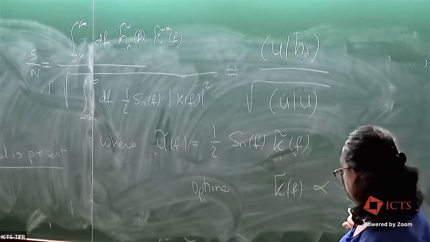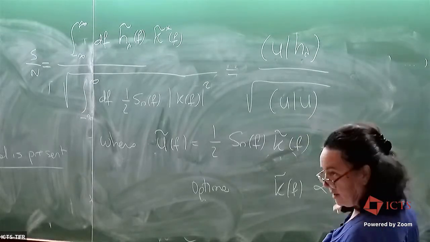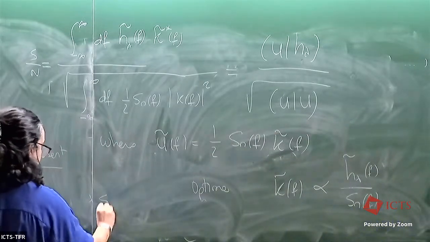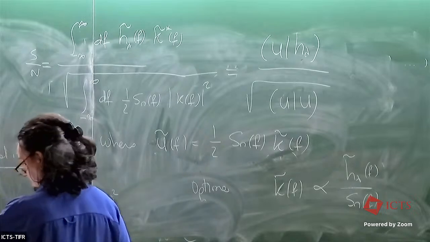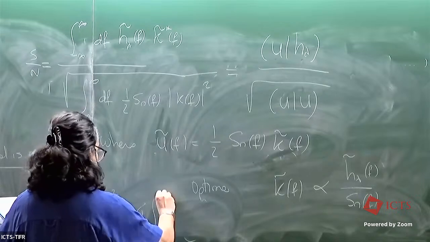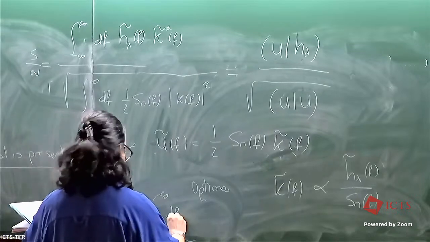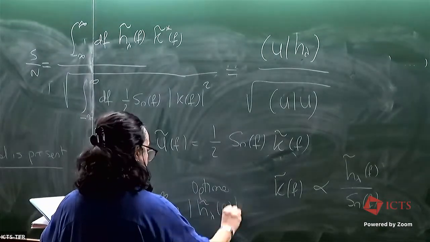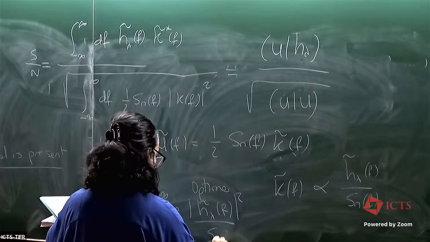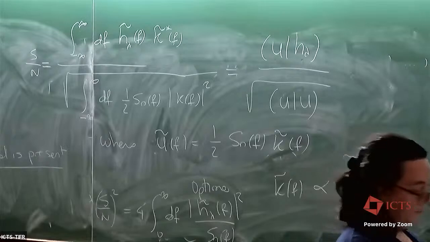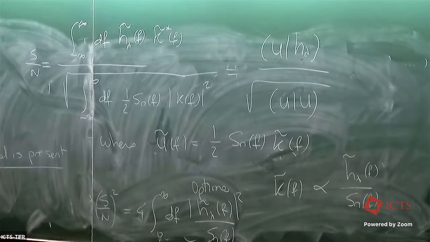And in this case, if now I substitute it here, what I'm getting is that SNR squared is nothing else than 4 times this, or I can rewrite it in this way. So this is the optimal SNR, the maximum SNR you can get.